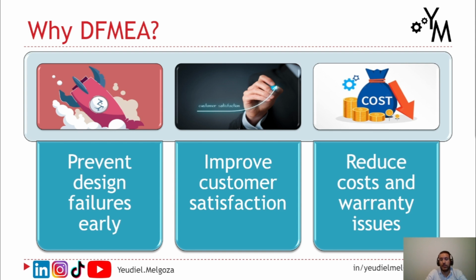A strong DFMEA prevents those nightmares before they even start, ensuring designs are safe, robust, and customer approved. So why DFMEA? These are three main considerations we need to take care of: prevent design failures early, improve customer satisfaction, and reduce costs and warranty issues.